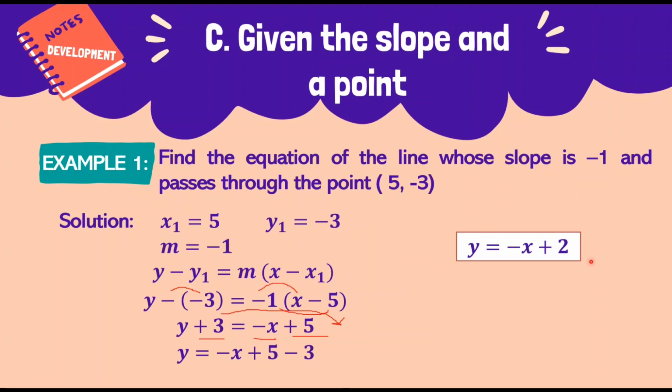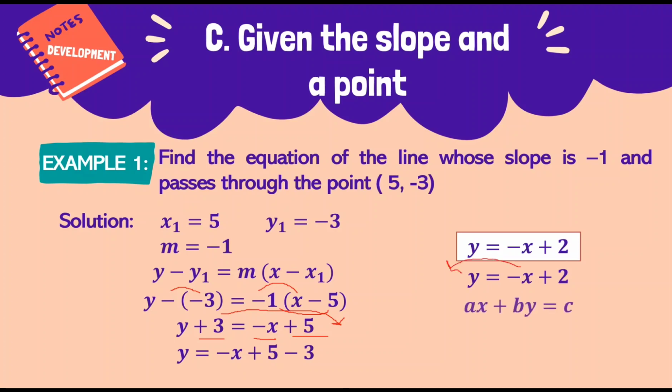What if your teacher will ask you to transform or to rewrite the equation of the line into standard form? So, how are you going to rewrite that equation of the line into standard form? Okay, very good. So, you need to follow the standard form, which is ax plus by is equal to c. So, again, we need to transpose negative x to the other side of the equation.